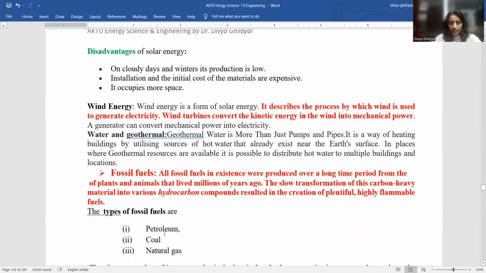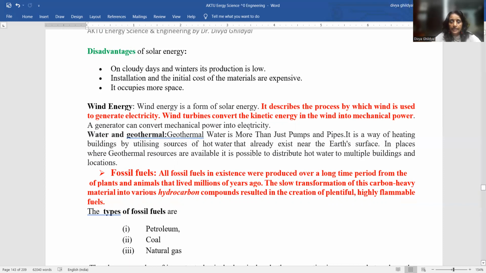Wind energy. Have you seen wind turbines near especially ocean places or open large places where a lot of wind is flowing? That wind energy is used to generate electricity. It is used to run the turbines, and then that mechanical power is converted to electrical power.